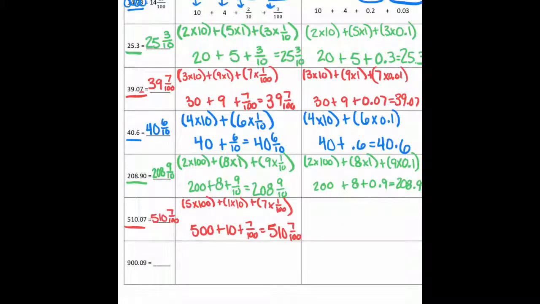I'm going to do the same thing over here in decimal notation. So I have 5 times 100 plus 1 times 10 plus 7 times... Oh, I'm sorry, that's 1/10. Let me erase it and go back and fix it.